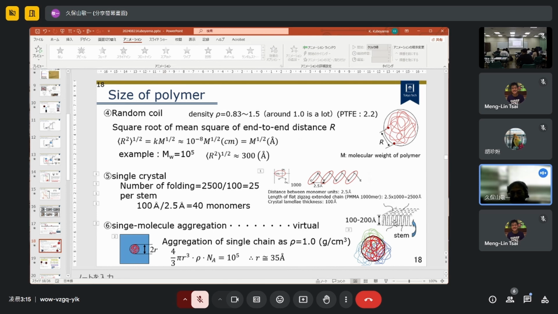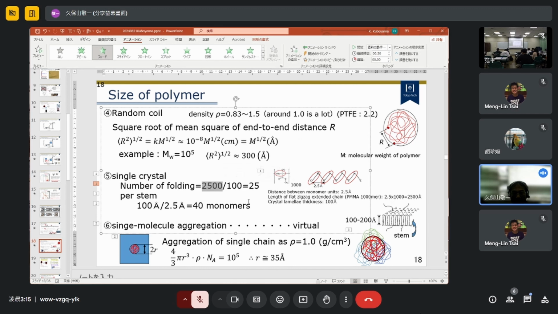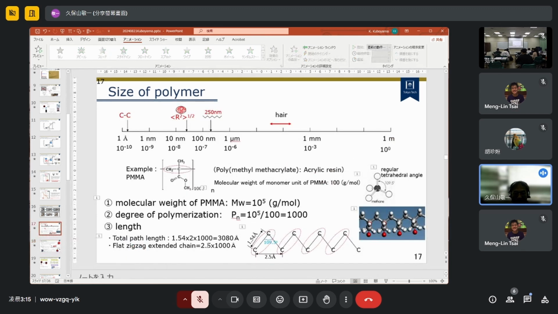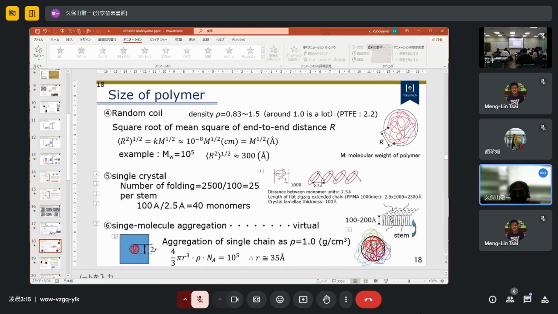When you think about the single crystal lamella, the number of foldings, I explained to you the folding occurs when the polymer chain crystallizes. So 2500 comes from the zigzag length of the extended chain, because in the crystal form, the polymer can take an extended chain form in the crystal structure.